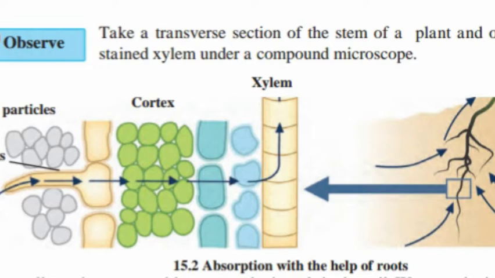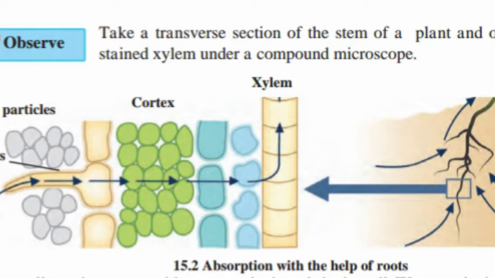That's why these turgid cells exert pressure on the nearby or adjacent cells. This pressure is referred to as root pressure.